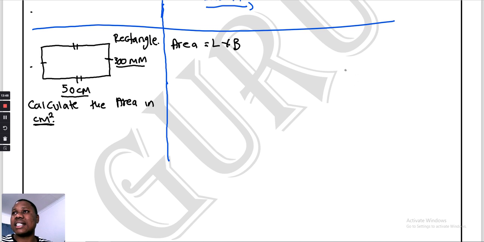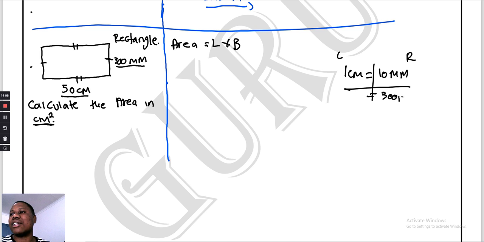According to the metric system, 1 centimeter is equal to 10 millimeters. So this is our right, this is our left. We are given 300 millimeters, meaning that we are given the right-hand side. So we write 300 millimeters, then here we write the question mark. Then we cross multiply. So it's going to be the question mark multiplied by 10.